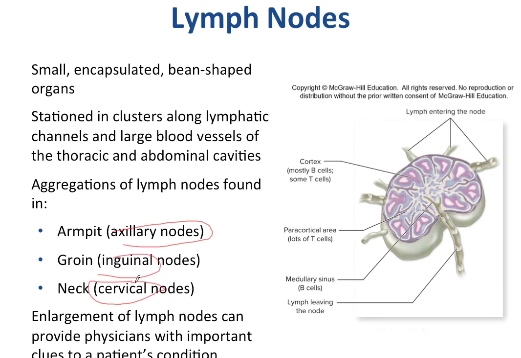For example, if we have infections and go to the clinic, the nurse or the doctor will check our regional lymph nodes, such as the cervical lymph nodes. They will palpate our cervical region to see if the lymph nodes are enlarged. If the lymph nodes are enlarged, that means we have infections in the region of the head or the neck.